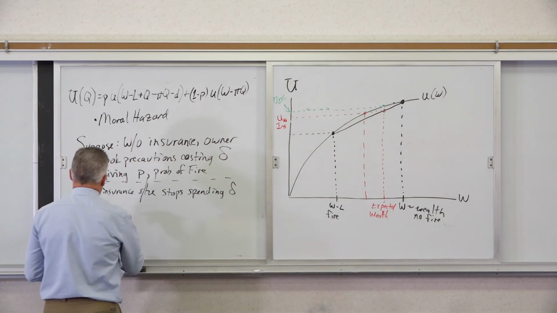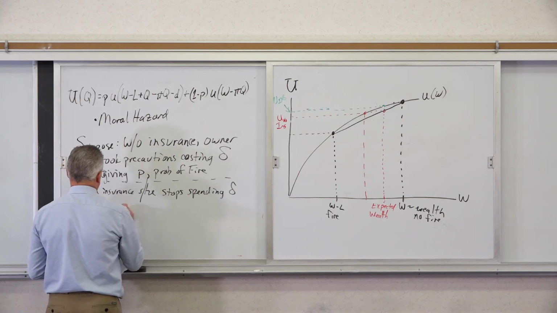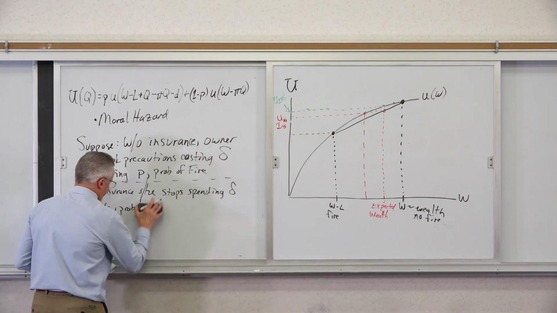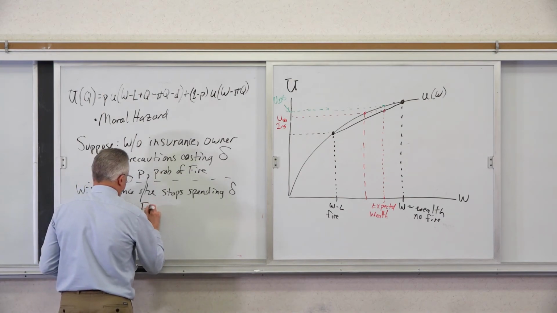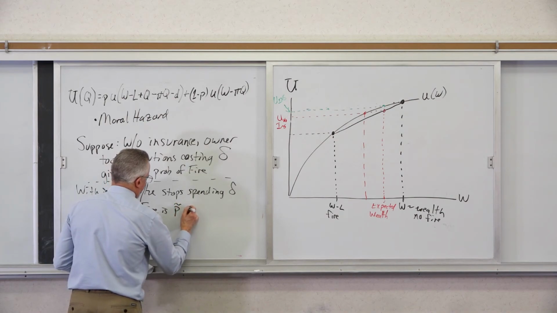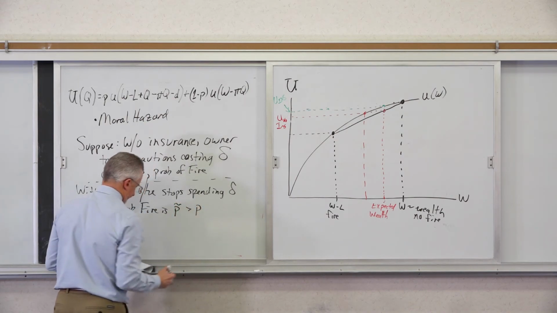And so the new probability of an accident, new probability of a fire, is P tilde, greater than P.